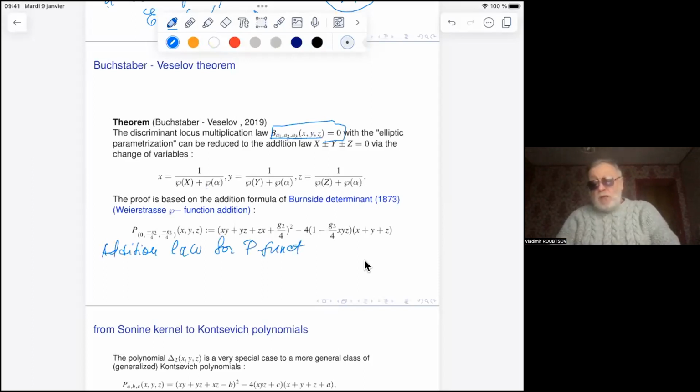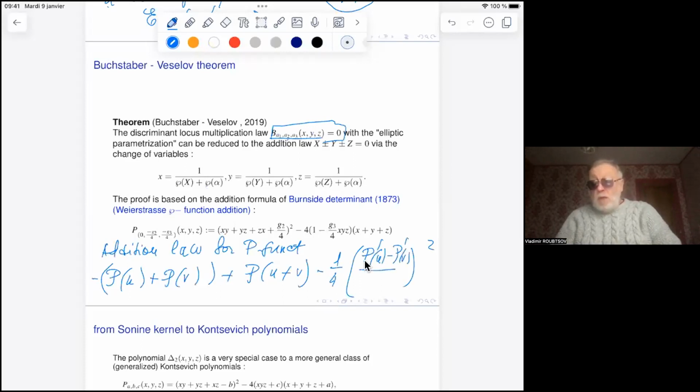Of course, I can write it explicitly. P of u plus P of v plus P of u plus v minus 1/4 square of P prime of u minus P prime of v divided by P of u minus P of v.